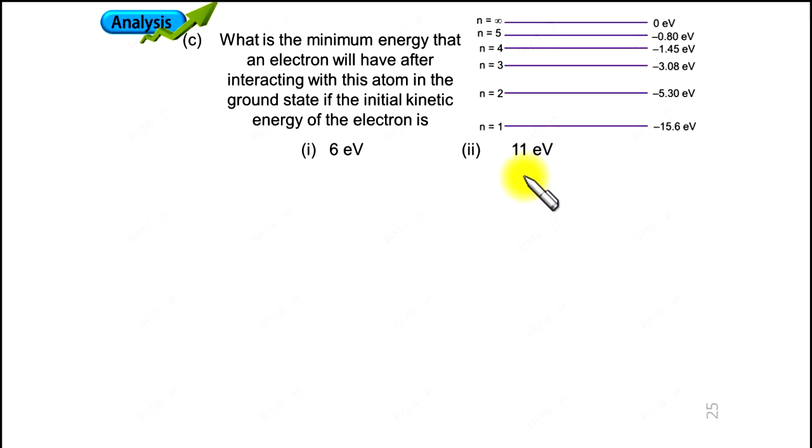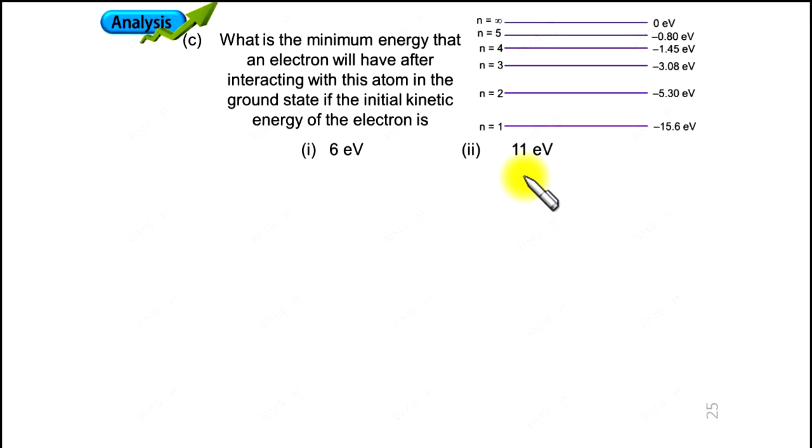Let us first understand when an atom receives the energy for the excitation process. An atom can receive energy in the form of radiation, number 1, number 2 from collision, number 3 from heating. Only 3 processes can excite the electron in the atom, right?